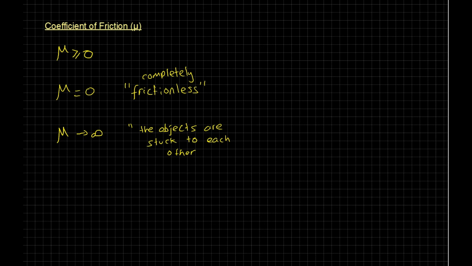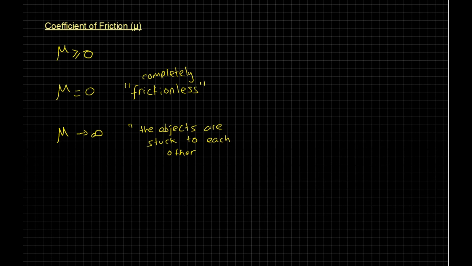So if I said to you, compare the coefficient of friction, the mu, between two ice cubes to the coefficient of friction between a shoe on a gravel road.